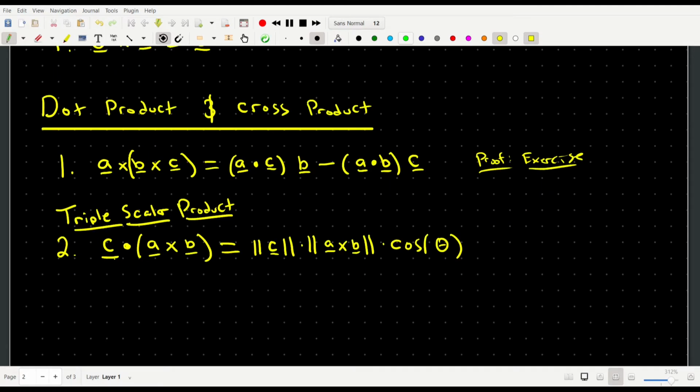And here I just want to specify, so we have a vector C, a vector A, and a vector B. This is equal to the length of C times the length of this vector, A cross B, times cosine of theta, where theta is the angle between the new vector C and the unit normal vector of the cross product, or the direction of the cross product vector. So whereas A cross B is a new vector that's perpendicular to both A and B, C here is a new vector. And this triple scalar product is actually very, very important.